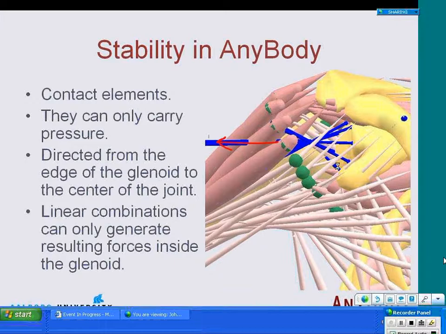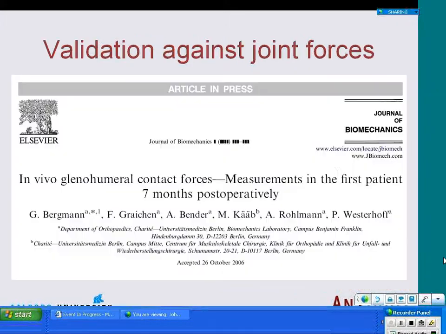Now, the actual reason why we have done the study that I'm reporting here today is that recently the group of Bergmann from Berlin published some very, very interesting data in the Journal of Biomechanics.